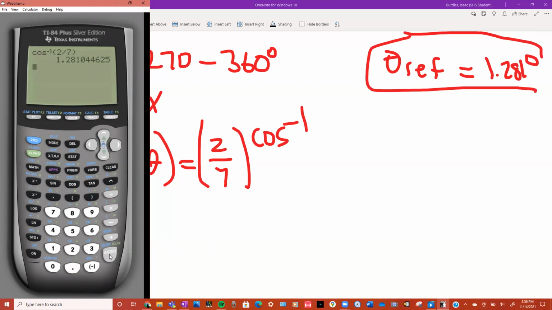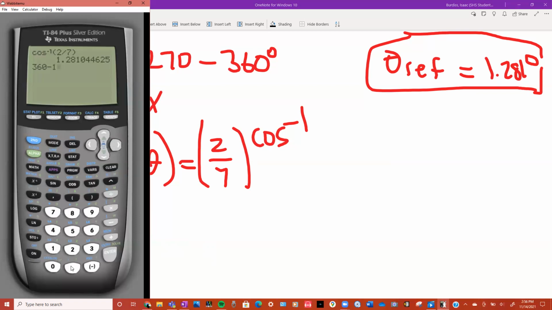What we know about our angle is that it needs to be between 270 and 360 degrees. So we're going to have to do 360 minus the reference angle to find it, because that's the opposite of what you'd do if you had the angle and wanted the reference angle. If you don't understand that, please watch the previous videos.